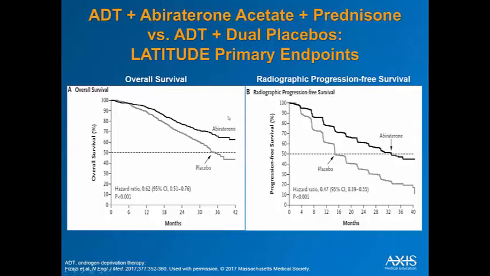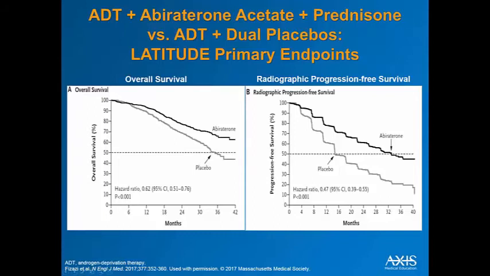Now, we have a new study called Latitude, and it looked at androgen deprivation plus abiraterone and prednisone versus placebo with ADT. So everybody got standard of care. And in order to understand who went on this study, you had to have 2 out of the following 3 factors.